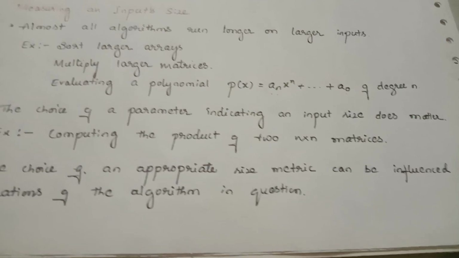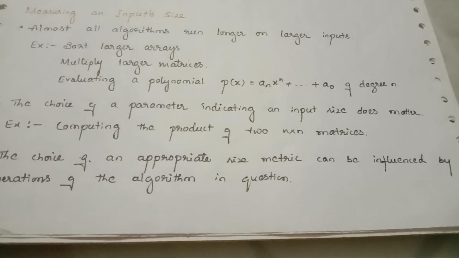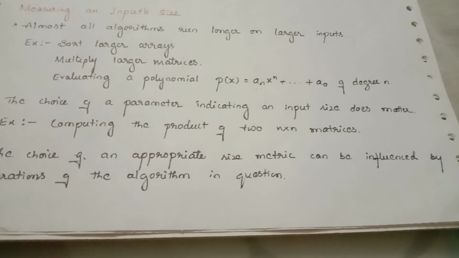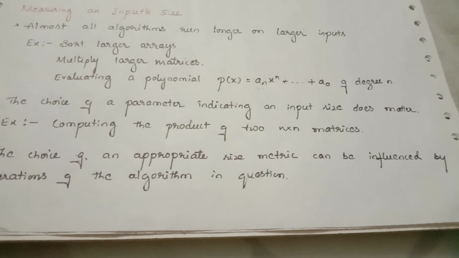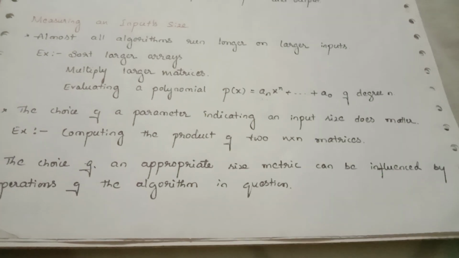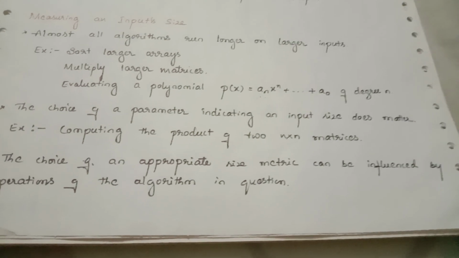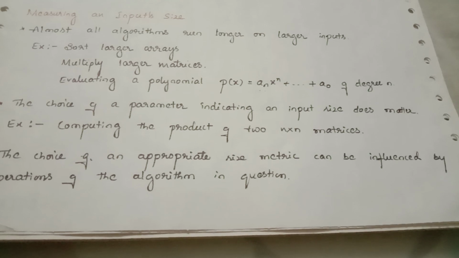So that is one thing. Then, the choice of an appropriate size metric can be influenced by the operations of the algorithm in question. For example, how should we measure an input size for a spell checking algorithm?